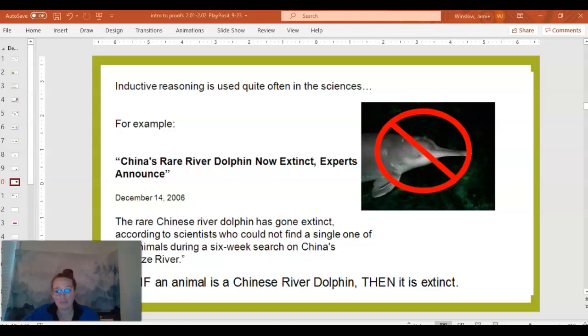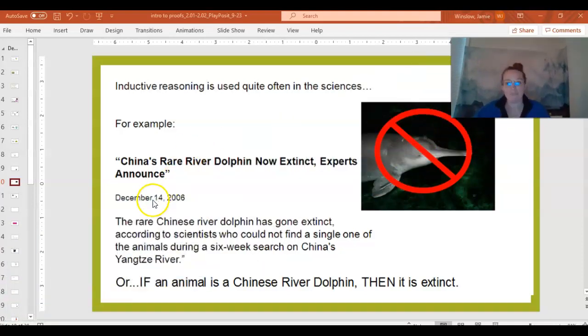Here's another example. I keep thinking you can't see what's on the screen because of my image. Okay, China's rare river dolphin now extinct, experts announce. This is actually from an article. The rare Chinese river dolphin has gone extinct, according to scientists who could not find a single one of these animals during a 6-week search on China's Yangtze River.